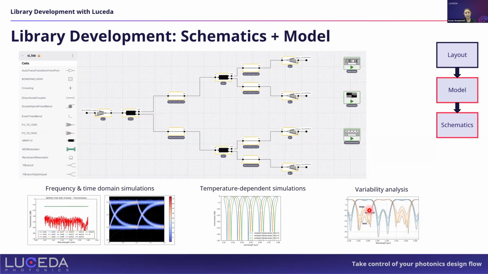But also they can directly run simulations using this schematic view, which we call canvas, run a time and frequency domain simulation, and also again directly perform the variability analysis in a canvas.